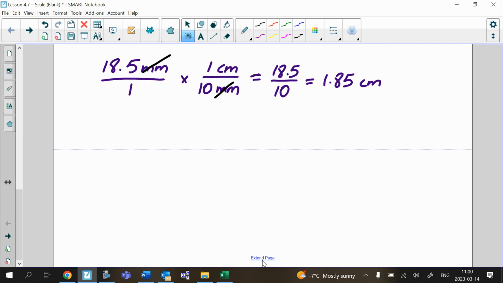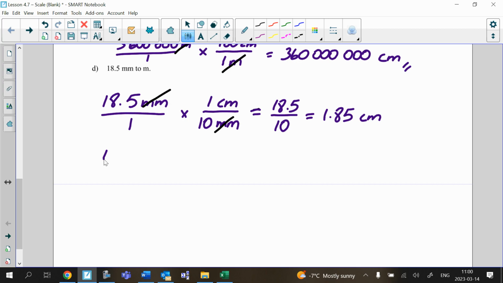So 1.85 centimeters over 1 times, now I have to multiply by the conversion factor between meters and centimeters. Well, there's 100 centimeters to a meter. I want the centimeters on the bottom so I can cancel with the centimeters up top here. So I would write it as times 1 meter over 100 centimeters.